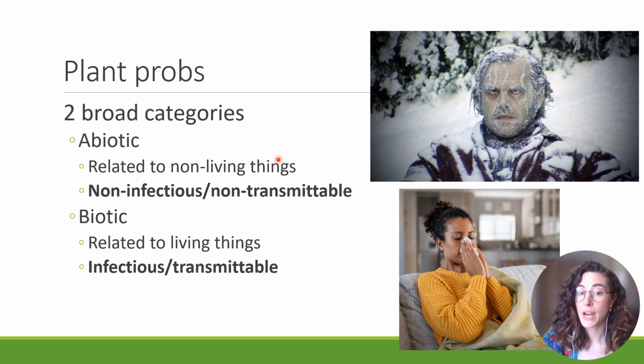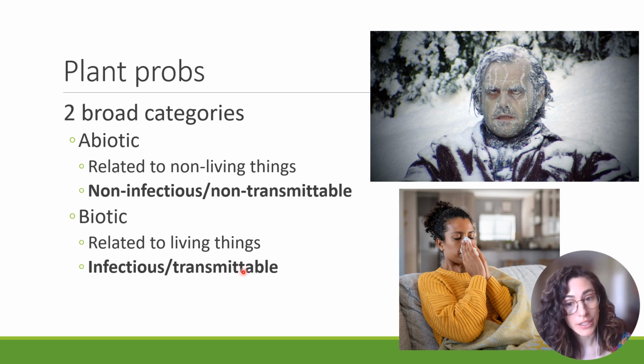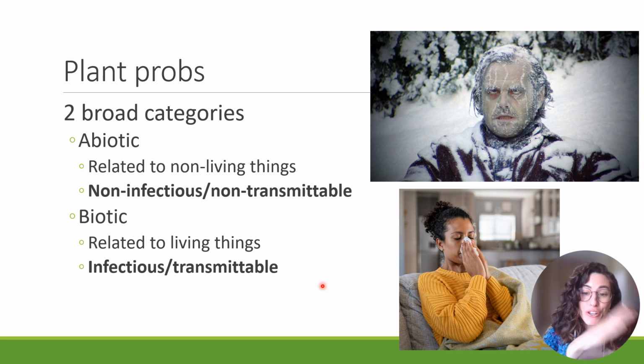But if we look in that contrast and put this poor person here who's got a little bit of a cold, if we assume that cold is being caused by a virus or a bacteria, if this person came into the house, could they then infect other people in the mansion? And the answer, of course, is yes, because this person is infected with a biotic something, a living something which is infectious and transmittable. And when we talk about patterns and talking about spread, knowing which one spreads and which one isn't is a good decider between abiotic and biotic issues.